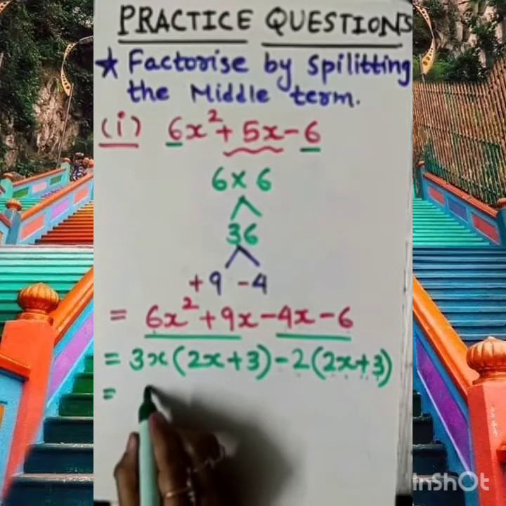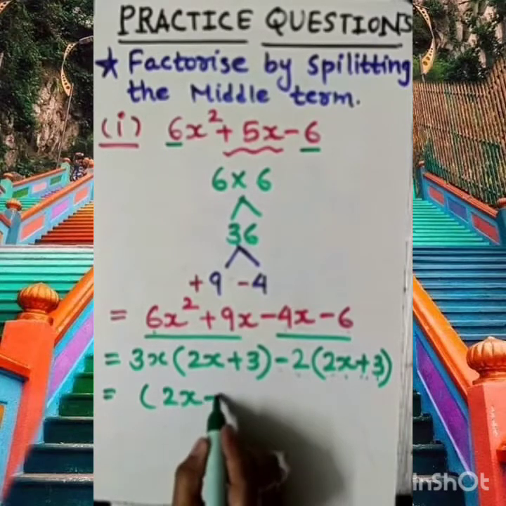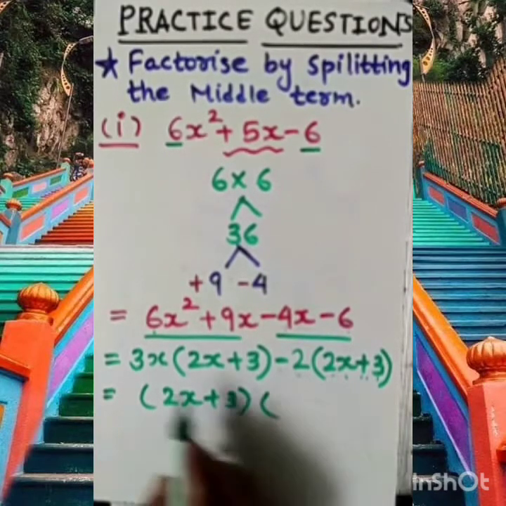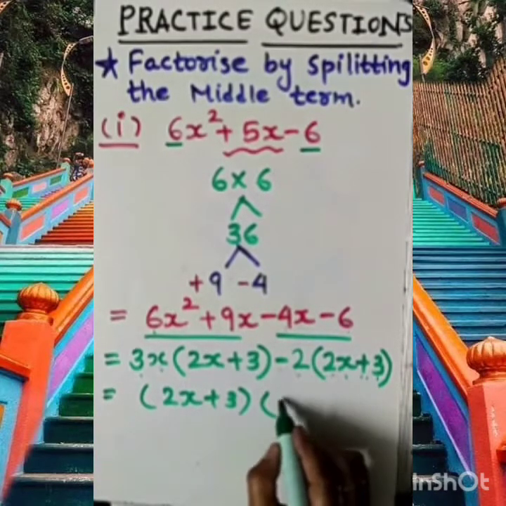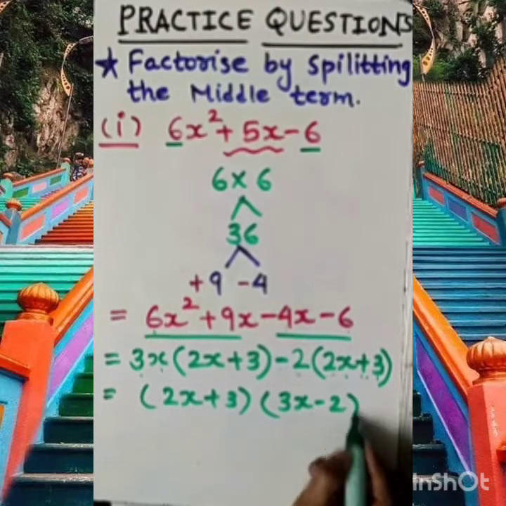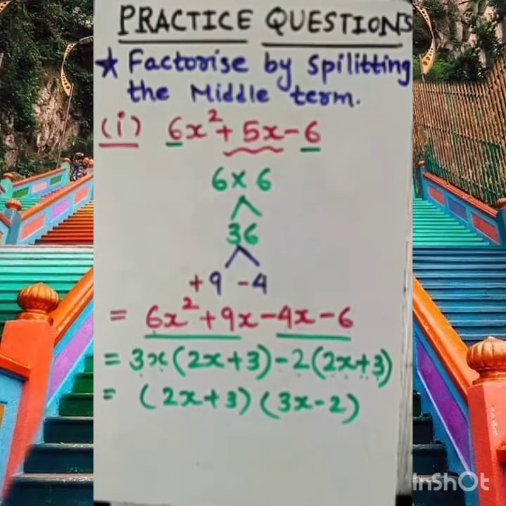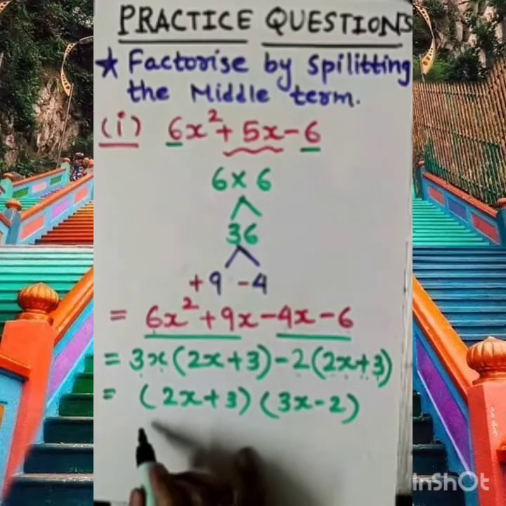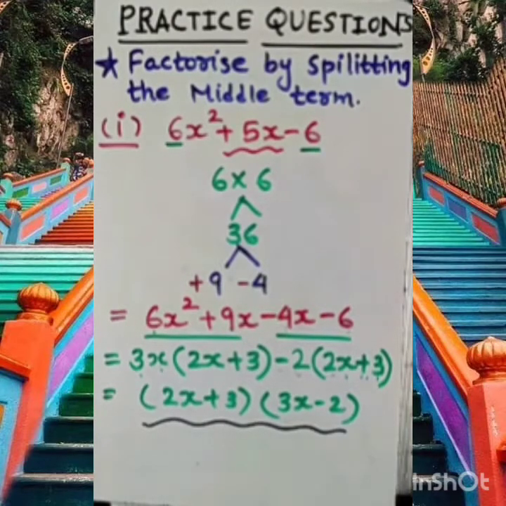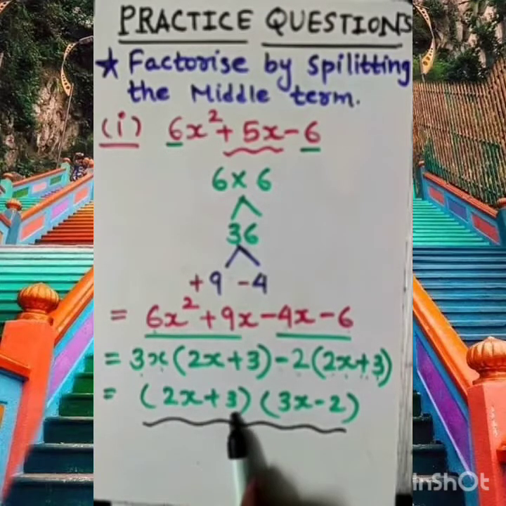So in the first bracket I write 2x plus 3, and in the other bracket 3x minus 2. These two are the factors of the given polynomial 6x square plus 5x minus 6. It has two factors, 2x plus 3 and 3x minus 2.